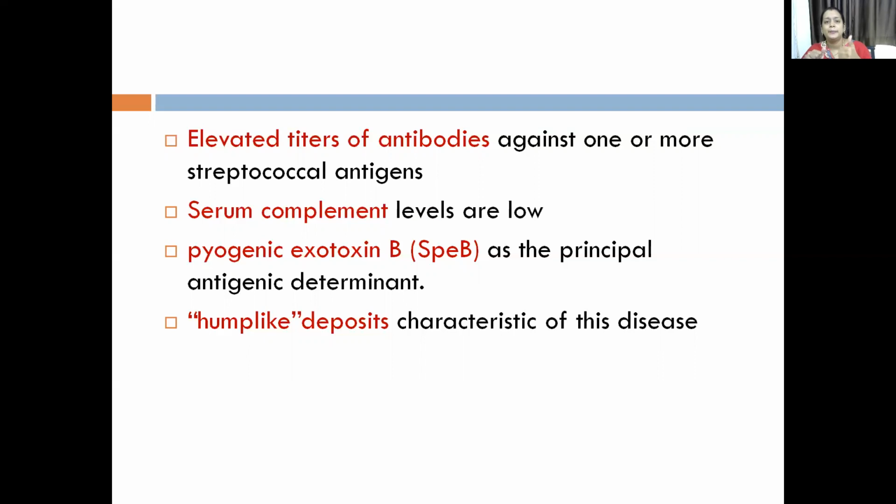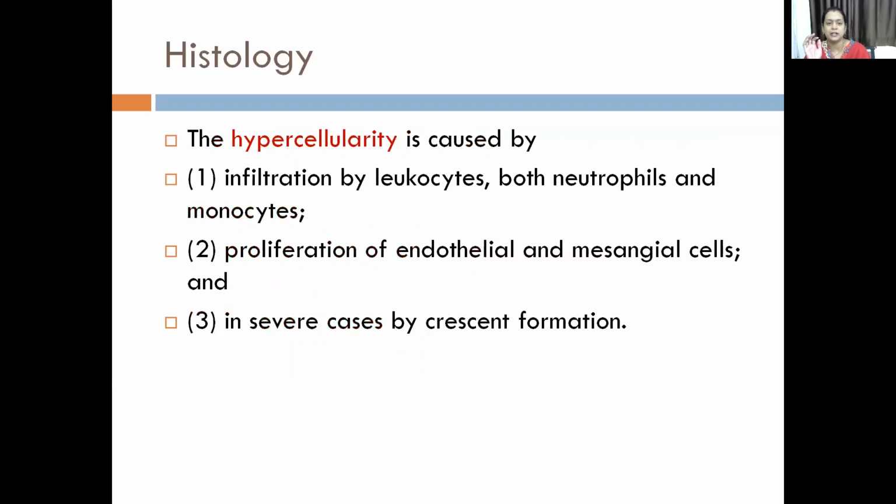So the antigen of the bacteria which is causing the disease is placed in the subepithelial humps, and the other ones, which are the bacterial products, form the subendothelial deposits. Usually these subendothelial deposits are seen in the earlier days of the infection.